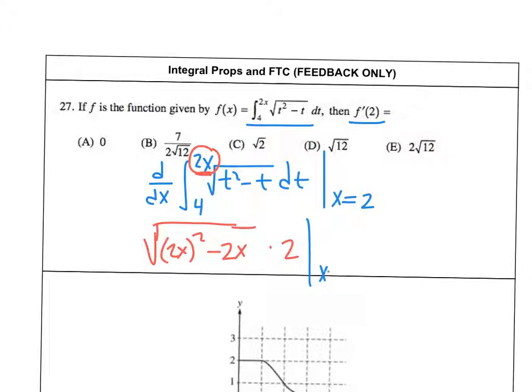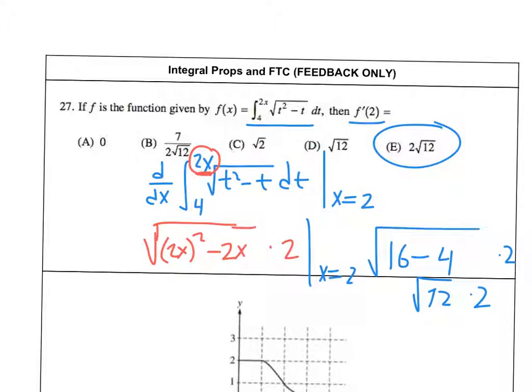When I plug in 2, we get the square root of 2 times 2 is 4. 4 squared is 16, and minus 2 times 2 is 4. Then times 2. 16 minus 4 is the square root of 12, and then times 2. That gives us e.